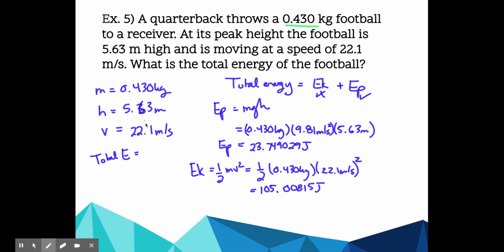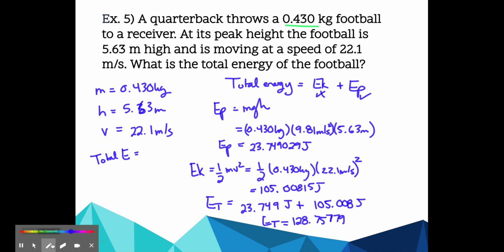Okay. And I'm going to go ET for energy total. 23.749, I am going to just write the numbers for now. I'm going to include them all when I actually do it in my calculator. Plus 105.008. And I should get 128.757179.